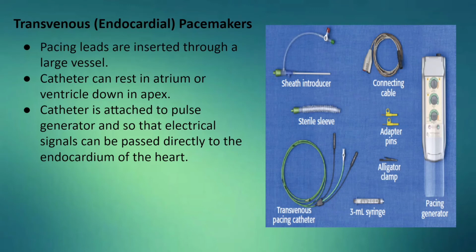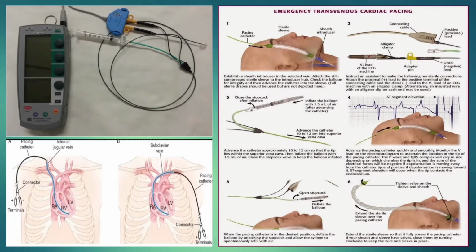Once we attach this catheter to an external pulse generator, electrical signals can be passed directly to the endocardium of the heart. The big distinction with transvenous pacing is that it's more reliable and much more comfortable for the patient when compared to transcutaneous pacing.